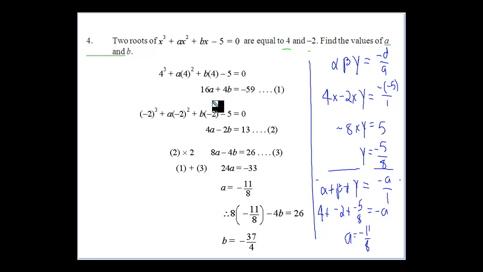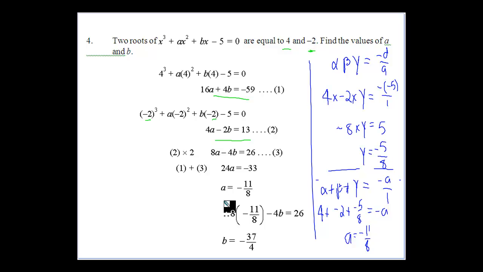So we just substitute 4 in there and get an equation in A and B. Done the same with minus 2, because that's a root as well. So we've done the substitution and put it in, and got another equation in A and B. And then we've started to solve simultaneously. So we've manipulated to get A is equal to minus 11 on 8 and B is minus 37 on 4. So once we got there, we've just done our simultaneous equations as we normally do.